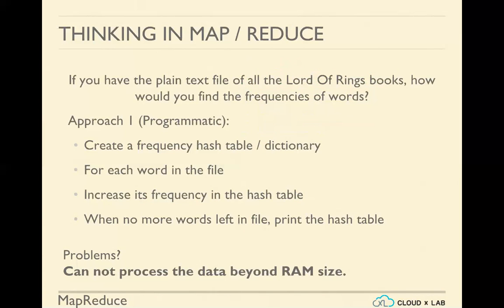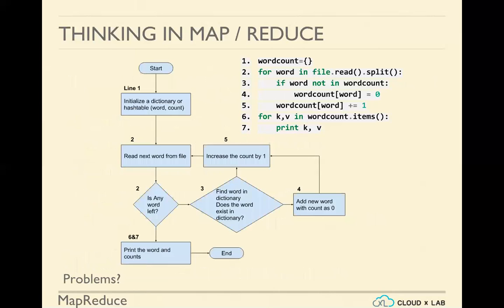So the problem is it cannot process the data that does not fit into the memory. That is the biggest challenge in computing. All the naive programmers, when they start coding, realize that they have overused the RAM. And trust me, 90% of the programmers will actually go with this approach.